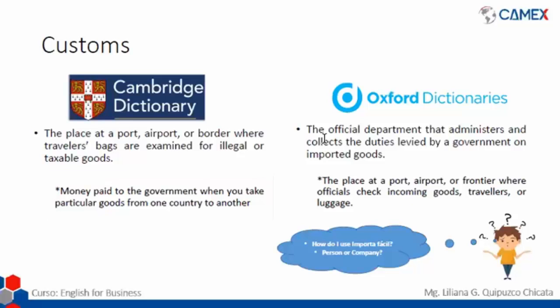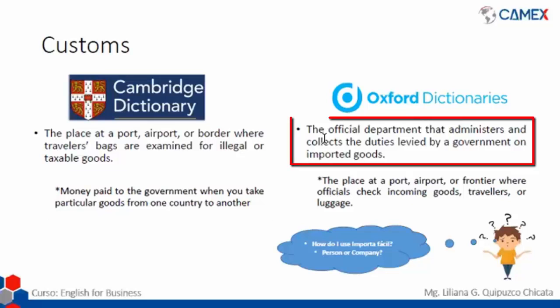Now, according to Oxford Dictionary, customs is the official department that administers and collects the duties levied by a government on imported goods. So in this case, it would be SUNAT, that is the one that administers and collects the money from import taxes on imported goods.